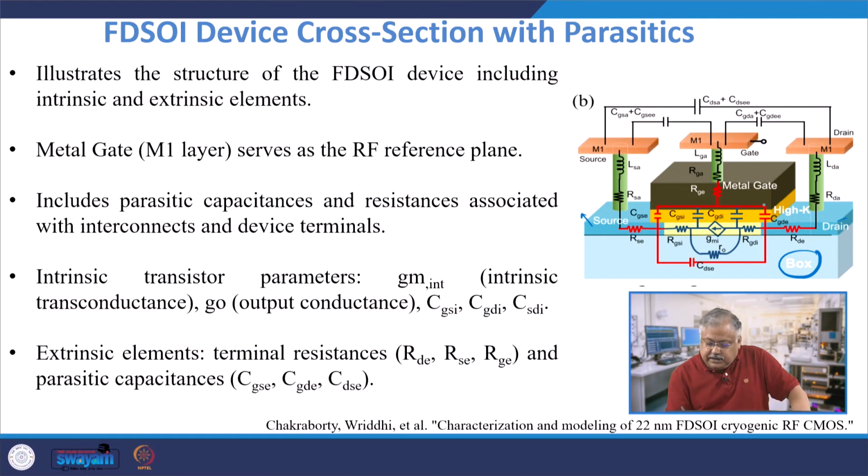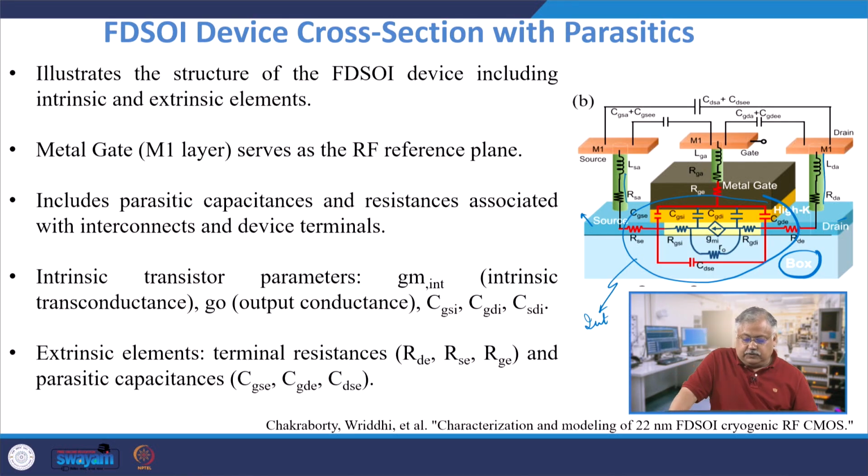So the red colored ones which you see here are all intrinsic in nature, and these are all extrinsic, which is going outside the pad, as well as from the drain upwards is all your extrinsic layer which you see.